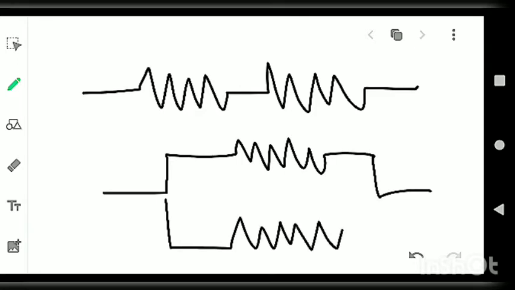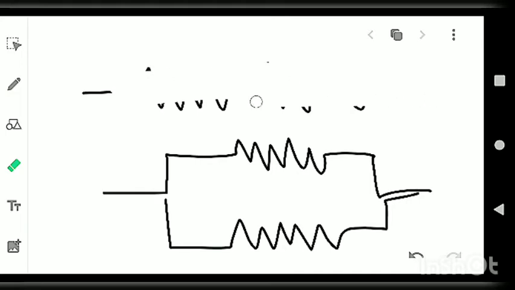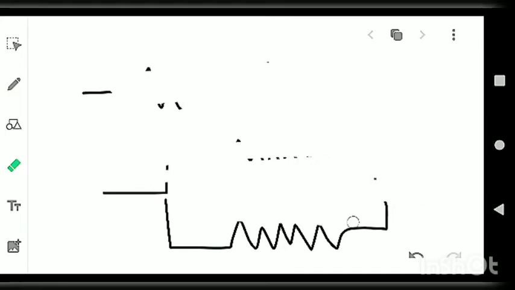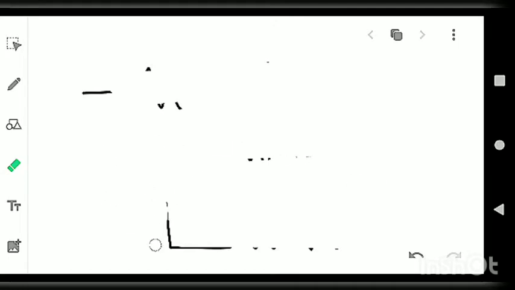In case of only series, we have solved using the formulas. But what to do if both combinations are present in a single circuit? Let's see. Looks like if I have a circuit like this.